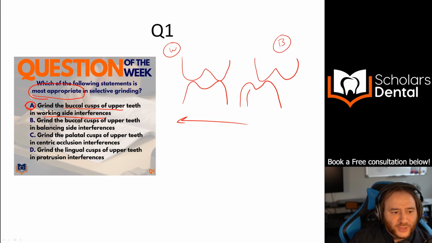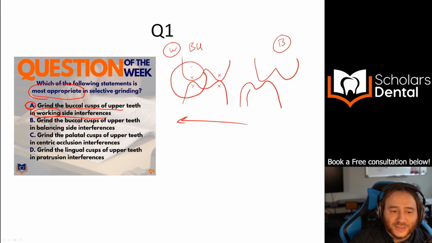So on the working side, which is what option A says, where could the interference happen? It could happen either between these two, the buccal of upper and lower, or between these two, the lingual of the upper and lower on the working side. If the interference is between these two cusps, then I'm going to prefer to grind the buccal upper cusp.